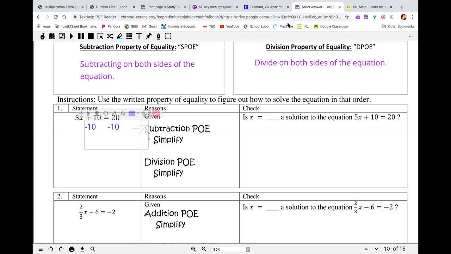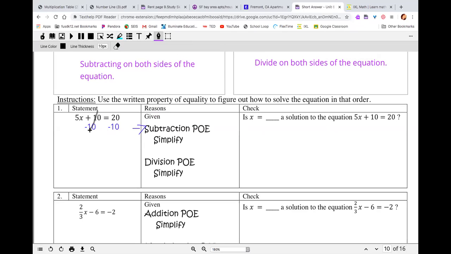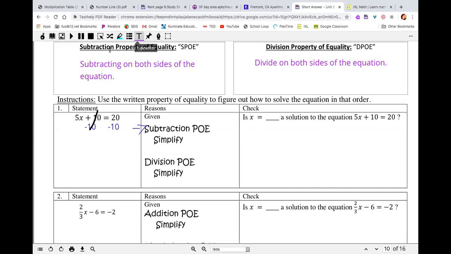I think it was Claudia who said minus 10. Oh, Angeline. Okay, minus 10 on both sides. Correct. Now these cancel out. Okay, so when I redo it, it says simplify. So simplify means 20 minus 10.